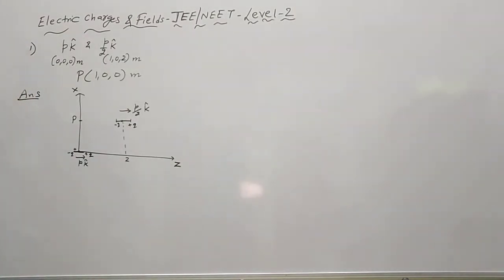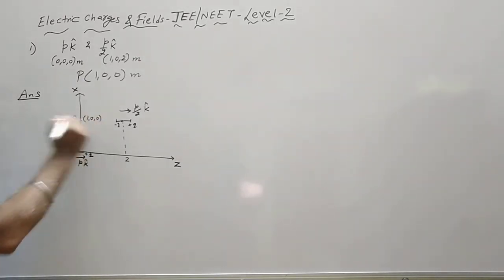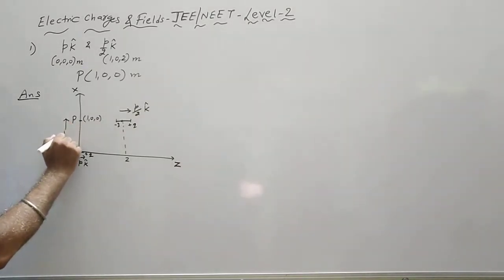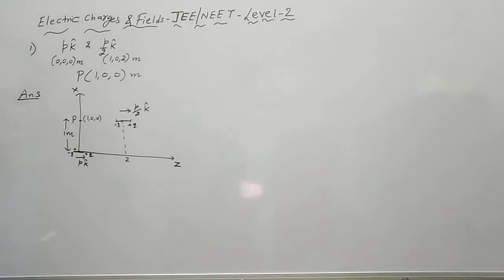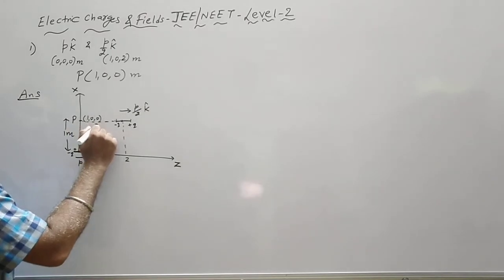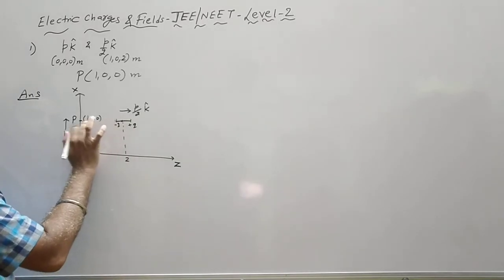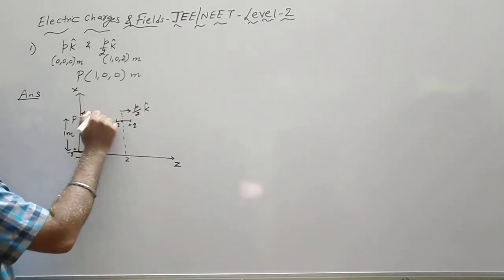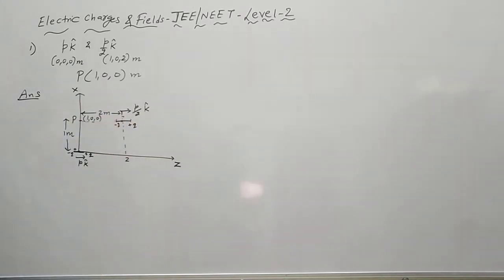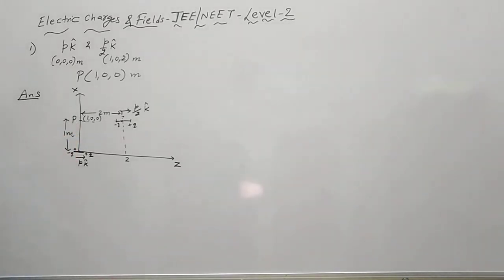It is given that these are point dipoles. The coordinate of P is 1, 0, 0, so this distance is 1 meter. And this distance is 2 meter, since the distance is measured from the center. From the diagram, it is clear that the point P is on the equatorial line of this dipole.